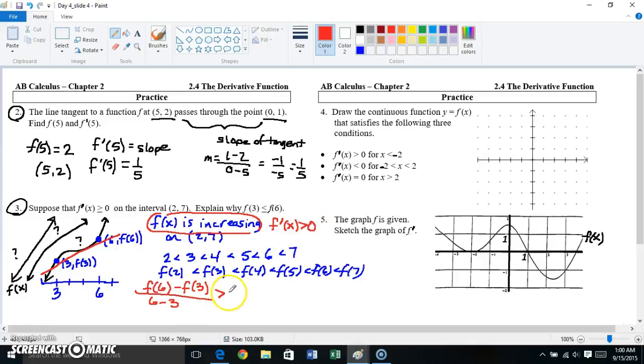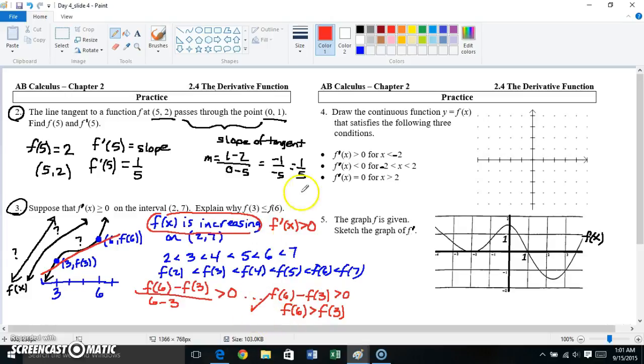So I'm just going to say that this slope expression is positive. And if I cross multiply by the denominator of 3, I get f of 6 minus f of 3 is greater than 0, which means f of 6 is greater than f of 3. Okay, which also means that f of 3 is less than f of 6.